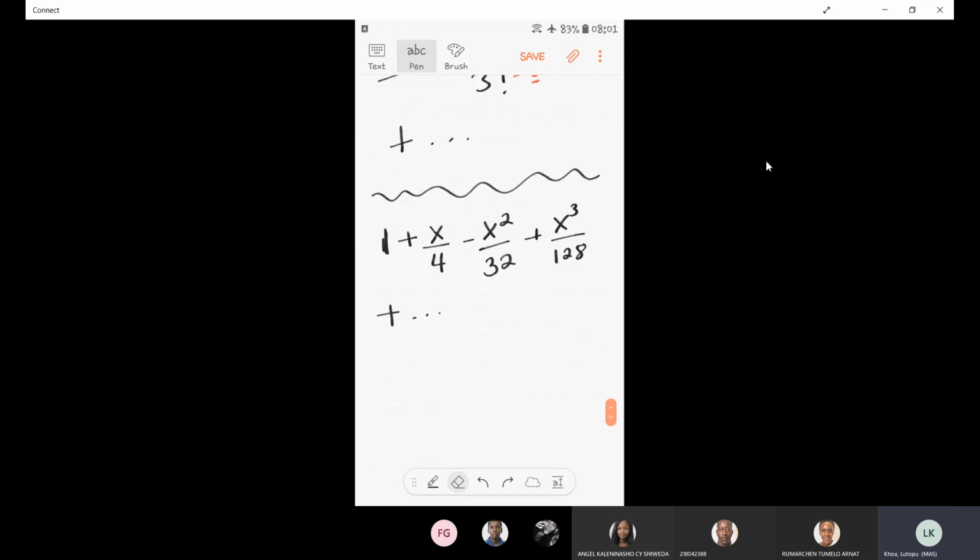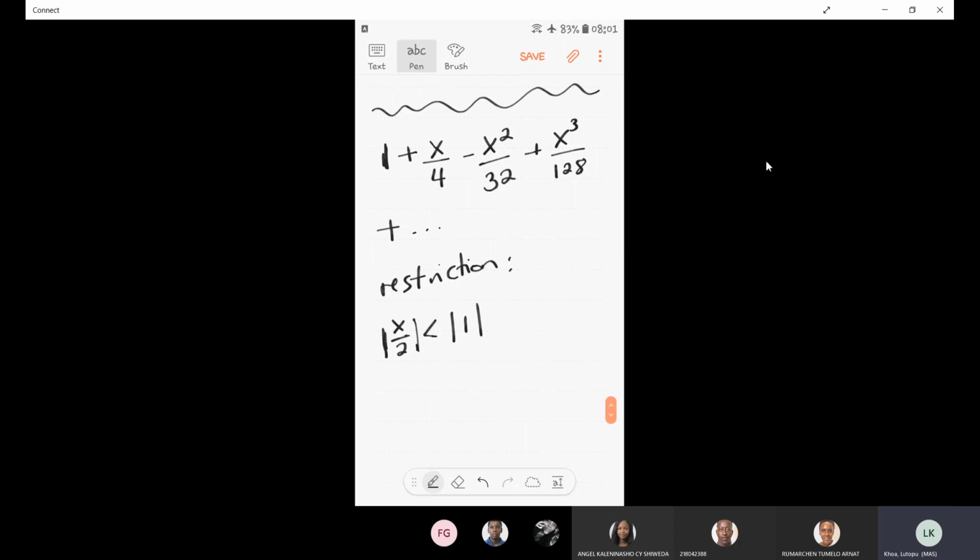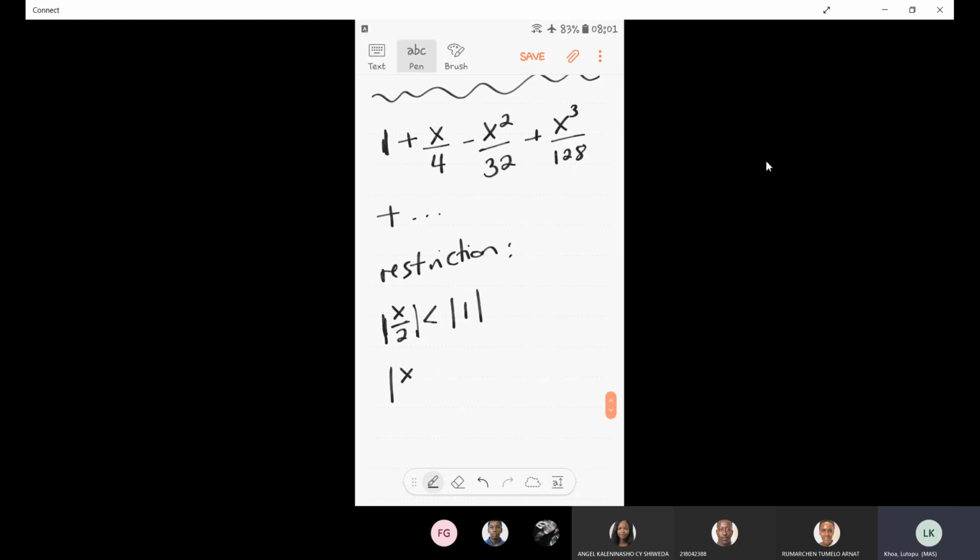Now this must have restrictions. So the restriction is that the absolute value of b, in this case this is x over 2, this must be less than the absolute value of 1. So this is just absolute value of x over 2 is less than 1.